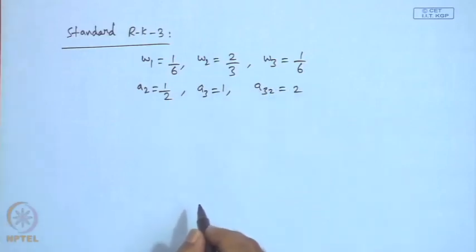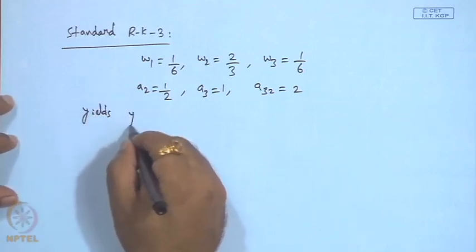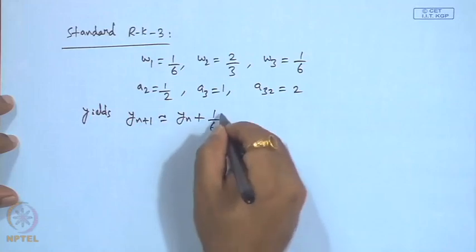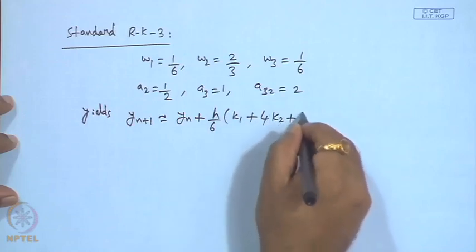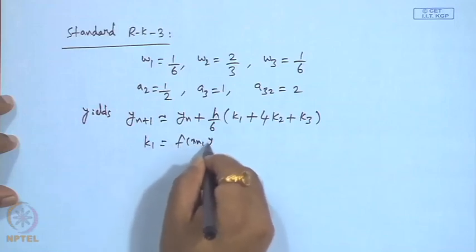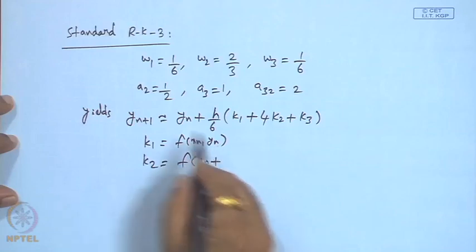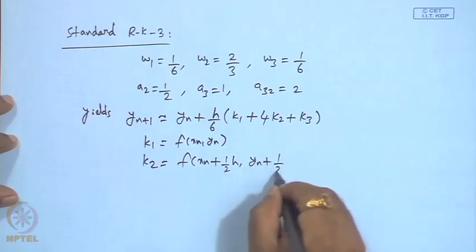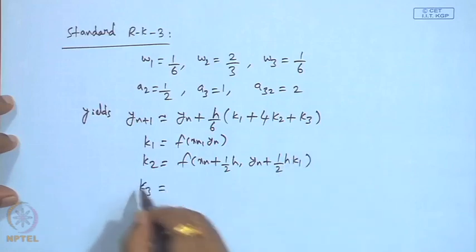This is called the standard method and this yields the following method. Correspondingly, K1, and K2 is f of x plus A2 h, A2 is half, therefore half h, and K3.